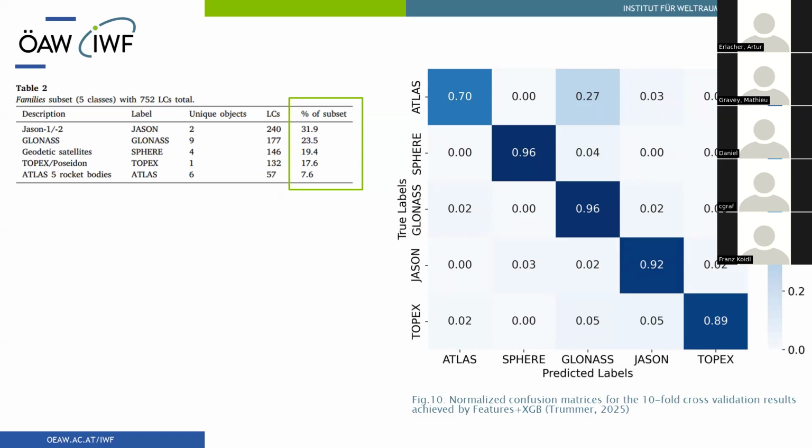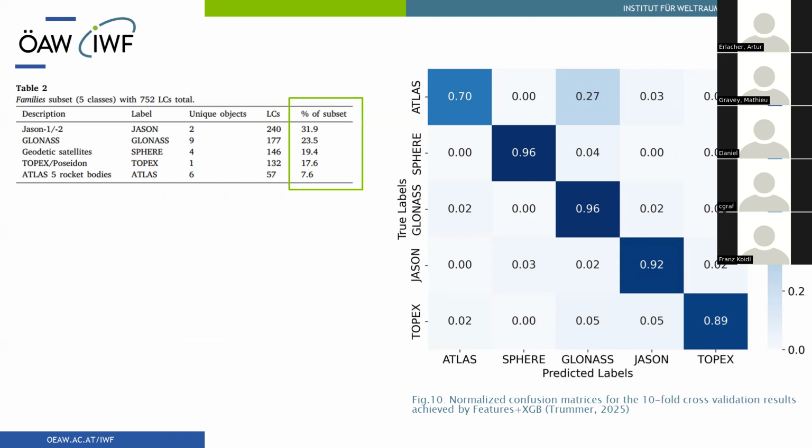So if you have a perfect classifier that makes no mistakes, the diagonal would show all ones. This means every Topex Poseidon sample has been correctly classified as Topex Poseidon. Every JASON sample has been correctly identified as JASON, and so on. So that would be a perfect classifier.